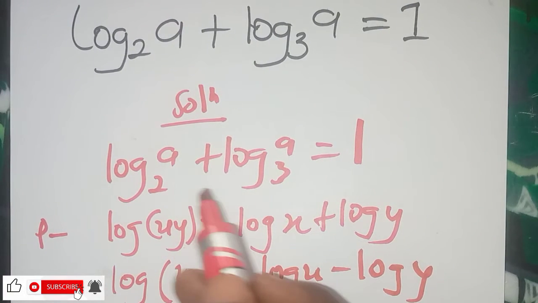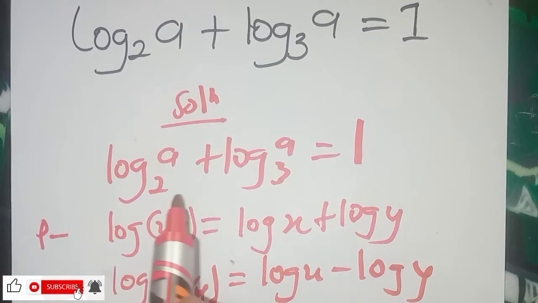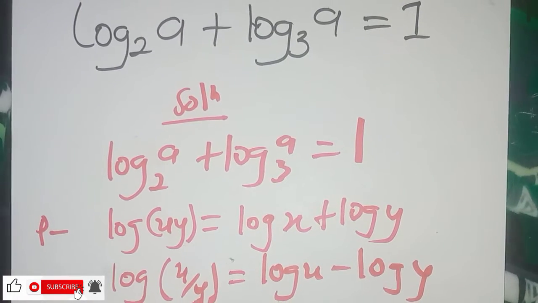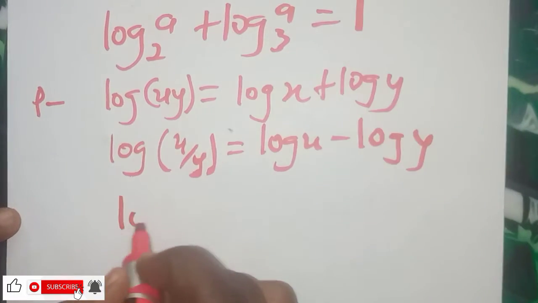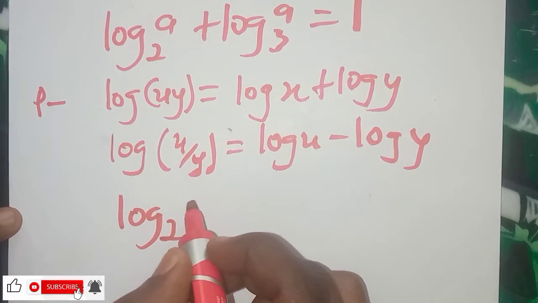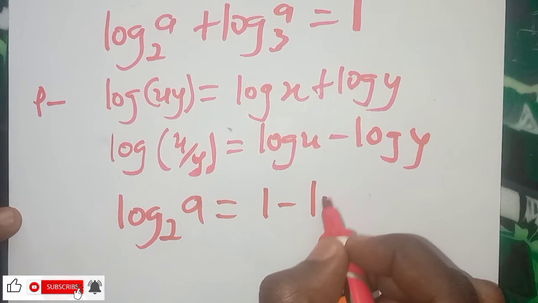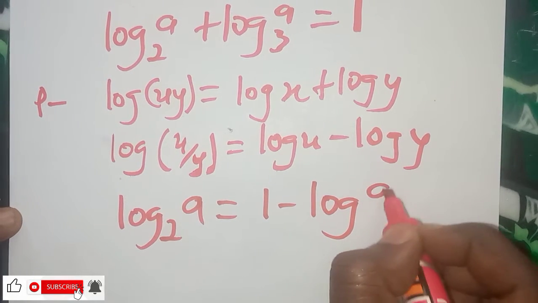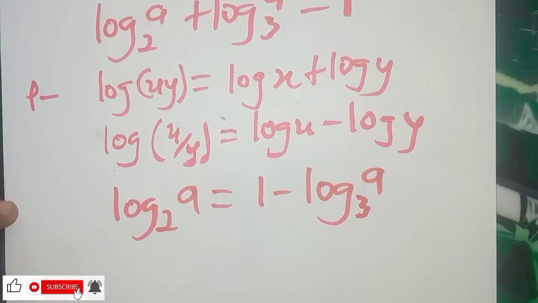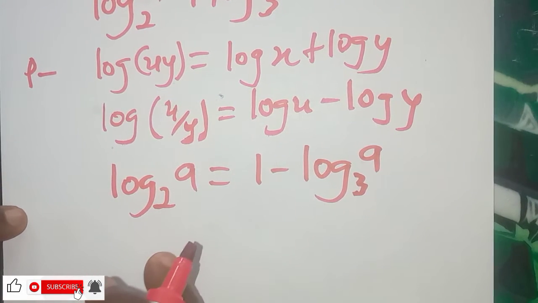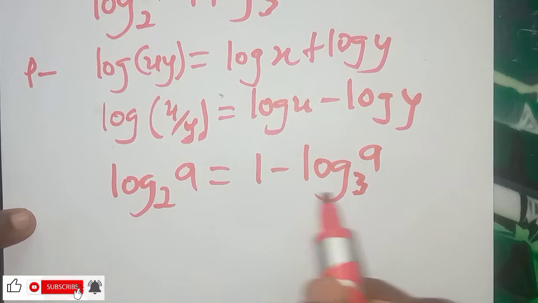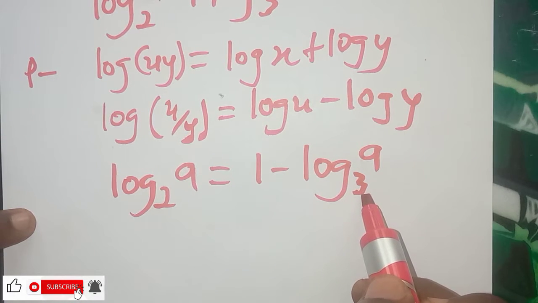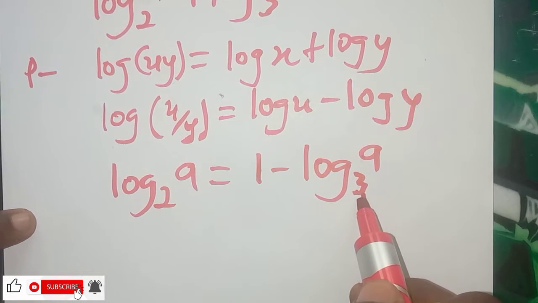Now if you look at the equation, you can see that the logs have different bases. So what I'm going to do is send the log base 3 of a to the other side, so that we have log base 2 of a being equal to 1 minus the log base 3 of a. On the right hand side, since it has log base 3, we can write 1 in terms of log base 3.